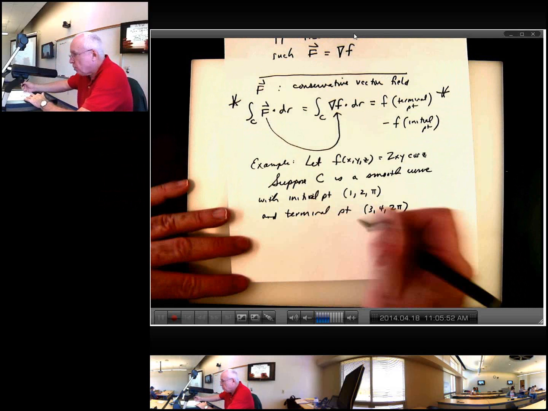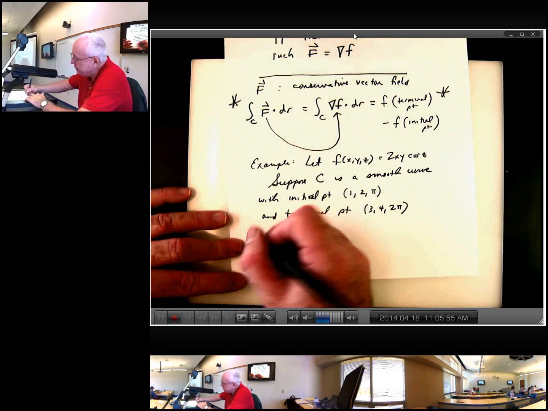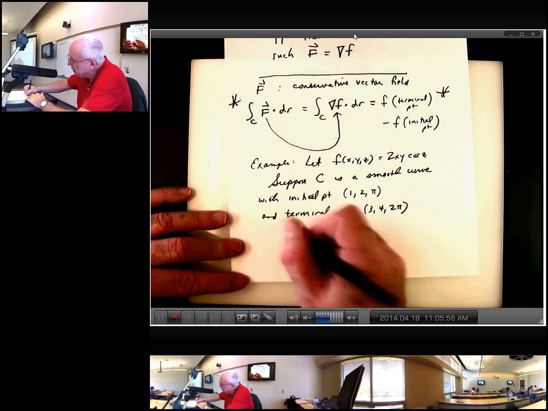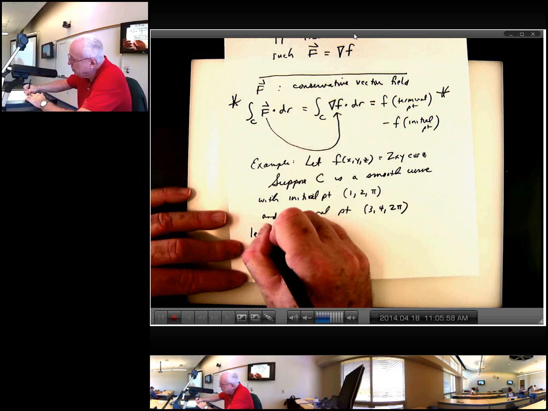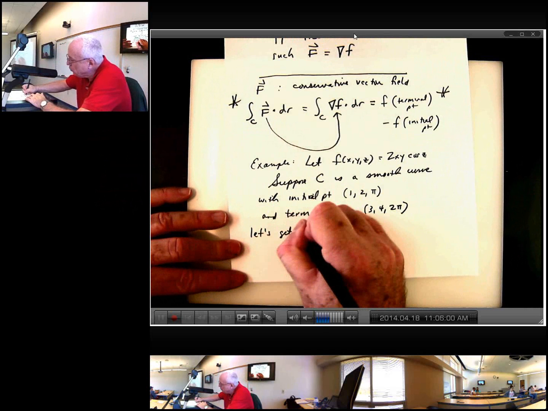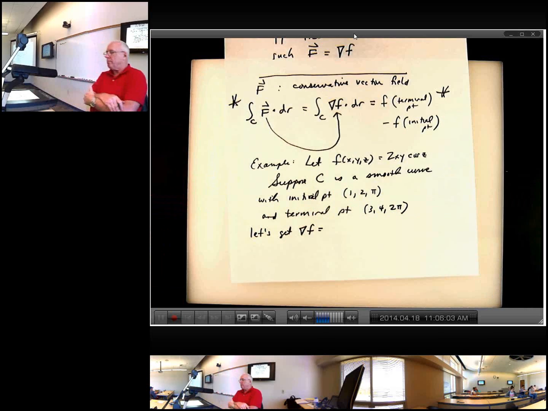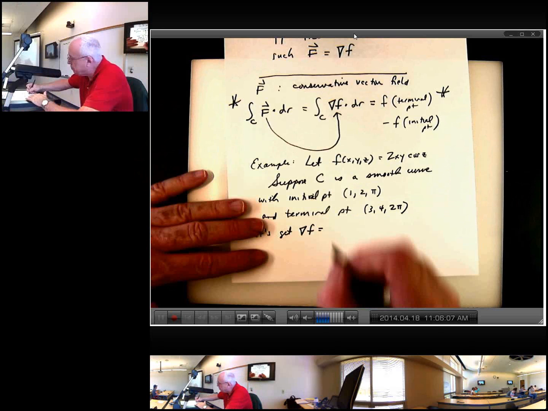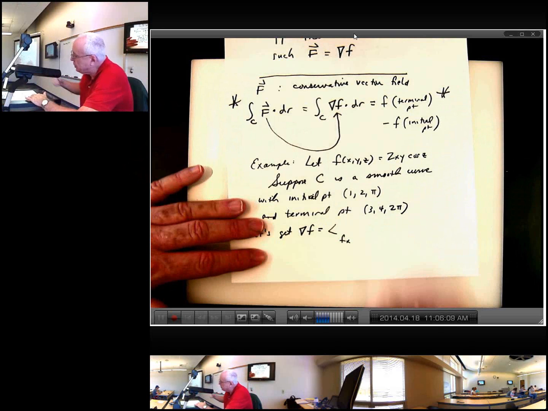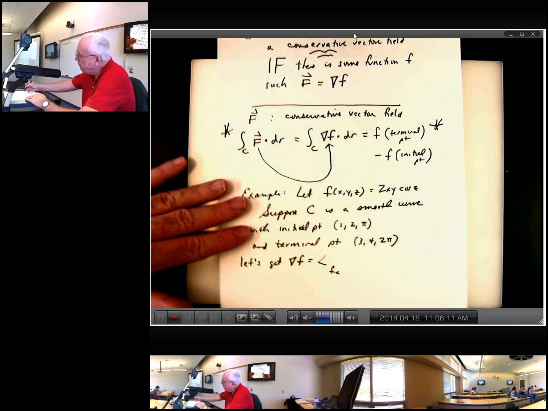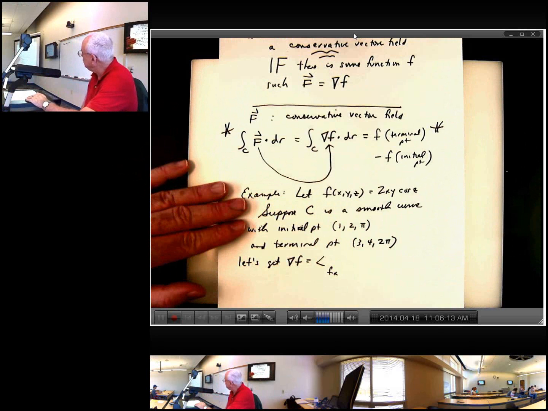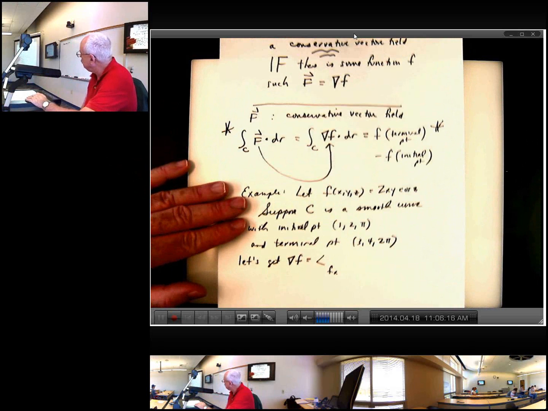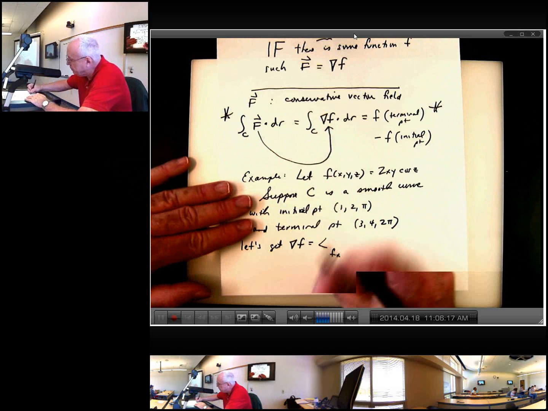Well, what we can do is this. Let's get the gradient of f. We know the gradient is going to be a 3-component vector. The first one's going to be fx. If I do fx here, I'm going to get just 2y cosine of z.